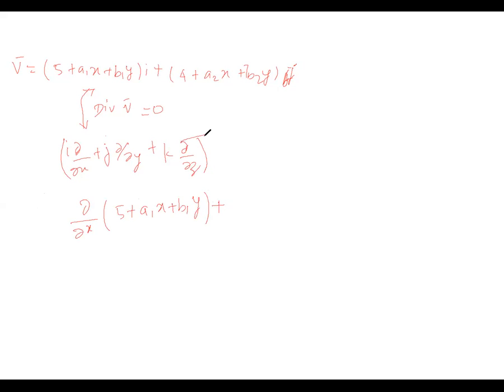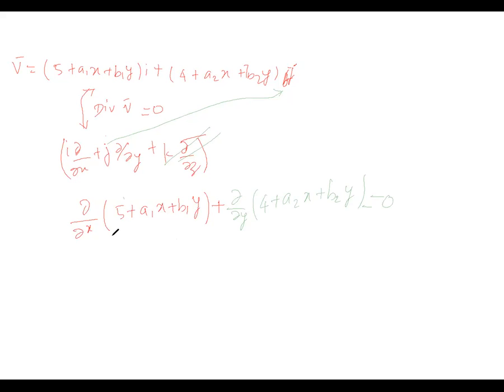The k component is not available, so this becomes 0. Then for the j vector, the remaining term is ∂/∂y of (4 + a2 x + b2 y), and the sum is equal to 0. That is the condition for an incompressible flow.